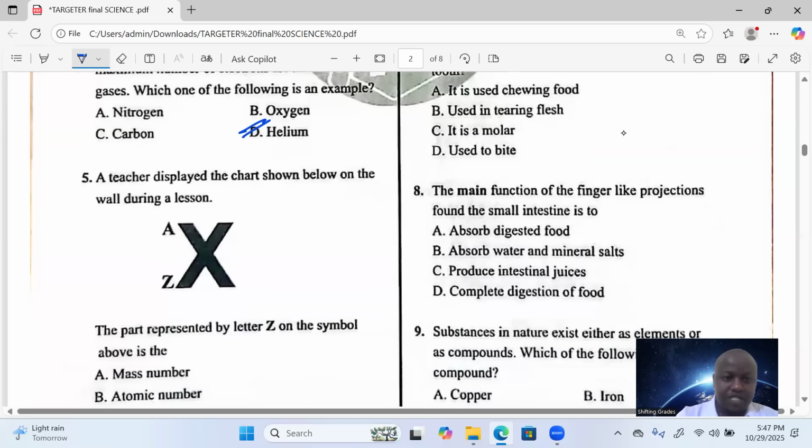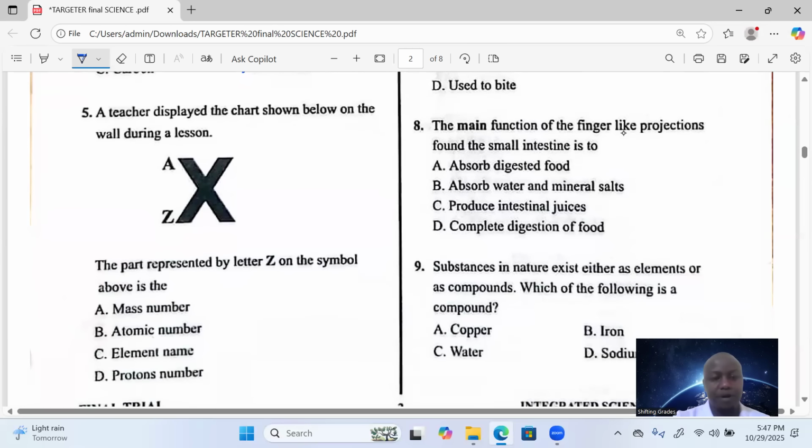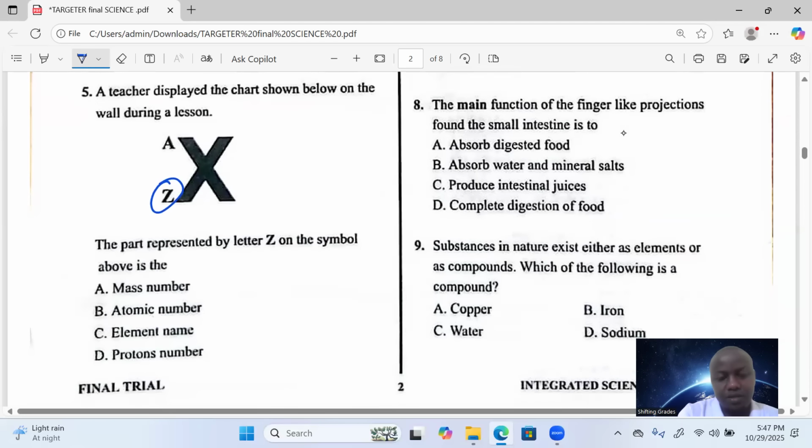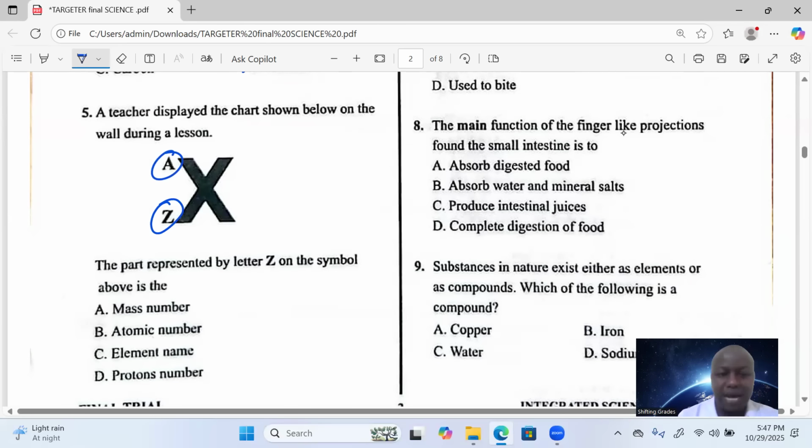A teacher in number 5 displayed the chart shown below on the wall during a lesson. The part represented by Z on the symbol above is, when you have a certain atom or an element represented this way, we usually say that the subscript here is the atomic number, while the superscript is the mass number.